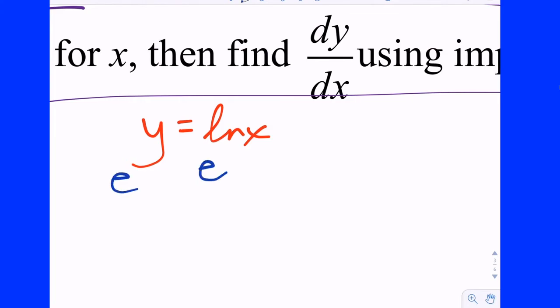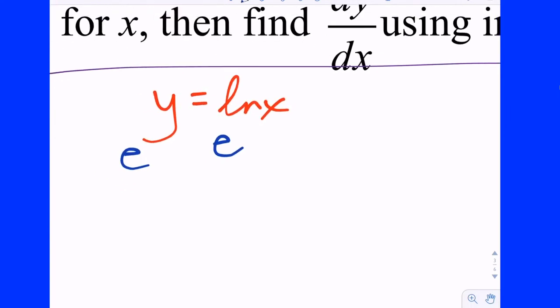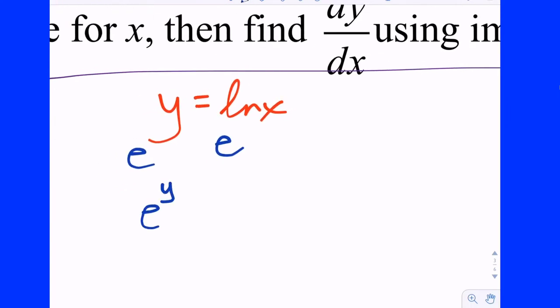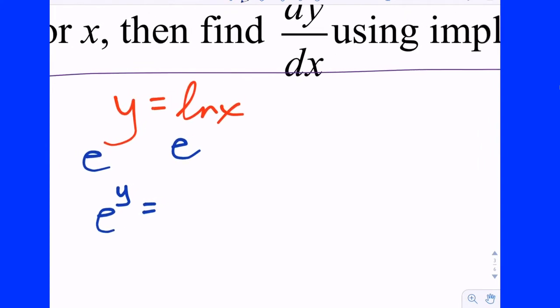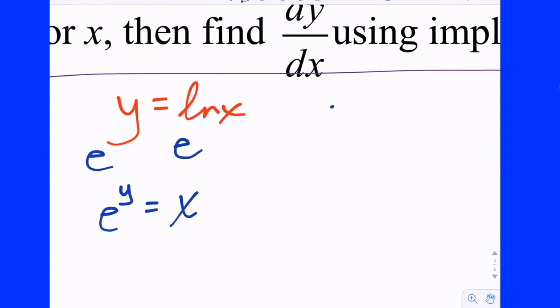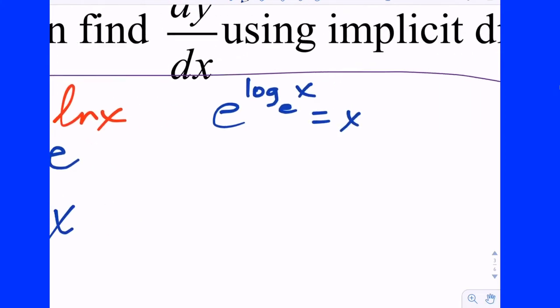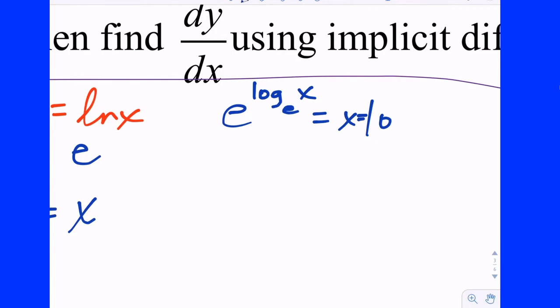You can exponentiate both sides, and that's what it would look like. So the two sides now become exponents. We would read that now as e to the y power equals e to the natural log of x power. They have to be written kind of like bases. Now, of course, we would have e to the y on the left, but what is e to the natural log of x power? It's x, right? Because, again, that's e to the log base e of x, which is x, which should be the same if you did it the other way around as well, log base e of e to the x.